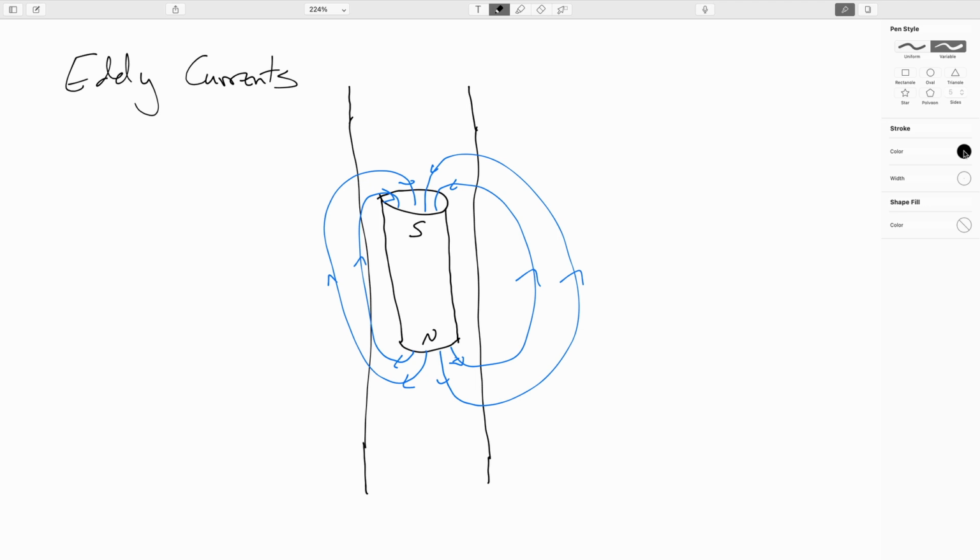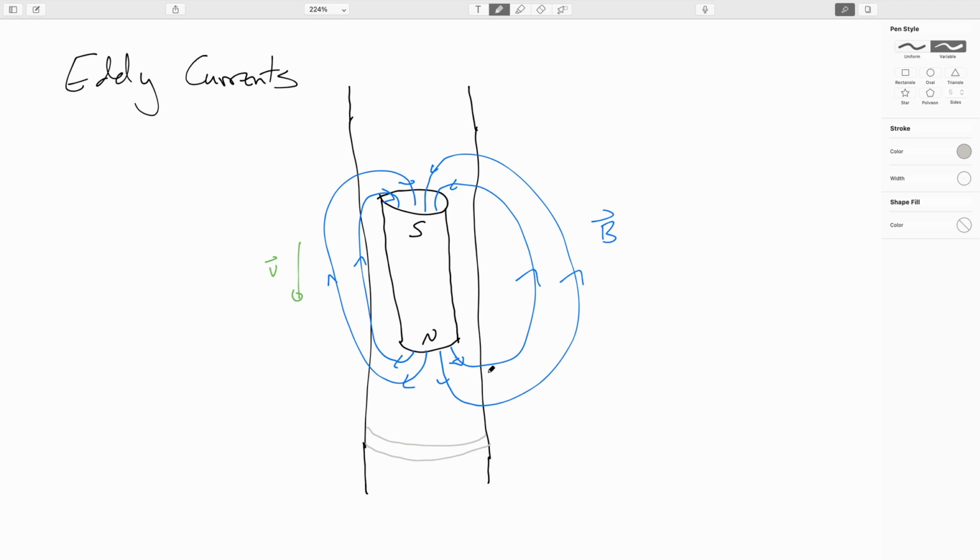And actually, let's go ahead and just note that the magnet is indeed falling down. So if I look at a little bit of washer or copper ring underneath here, I'm imagining sectioning this copper pipe into a whole bunch of rings. Let's look at this ring right here.